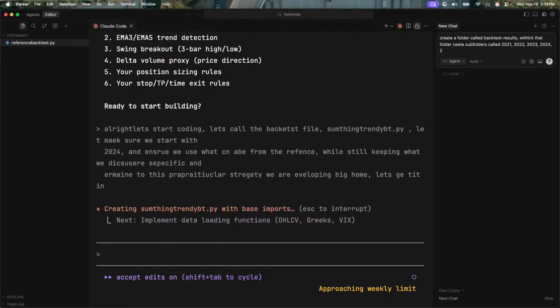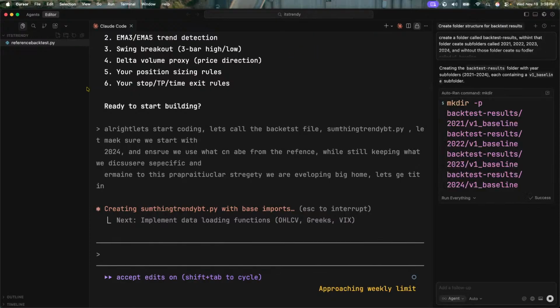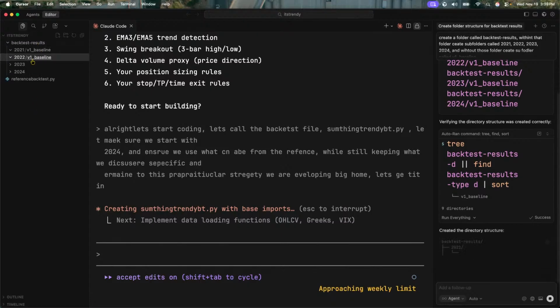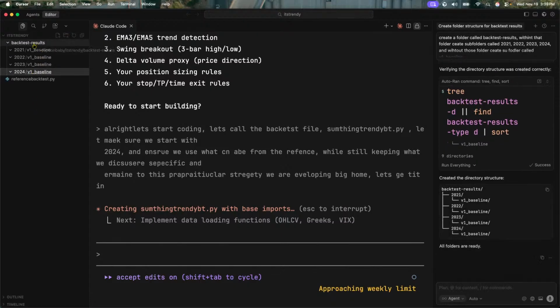I do have 2025, but that'll be later. And within those folders, create subfolders called V1 baseline. All right, beautiful. I love it when you listen to me.